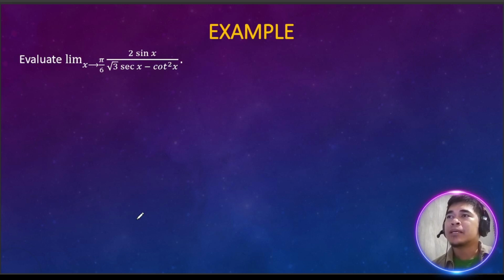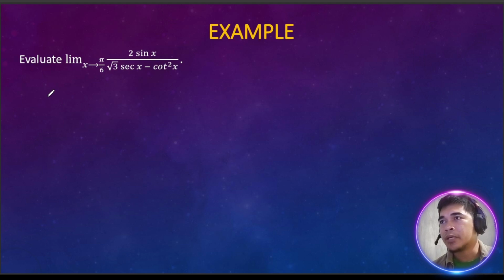So, let's have some examples. Evaluate the limit of 2 sine x all over square root of 3 secant x minus the square of cotangent x as x approaches pi over 6.